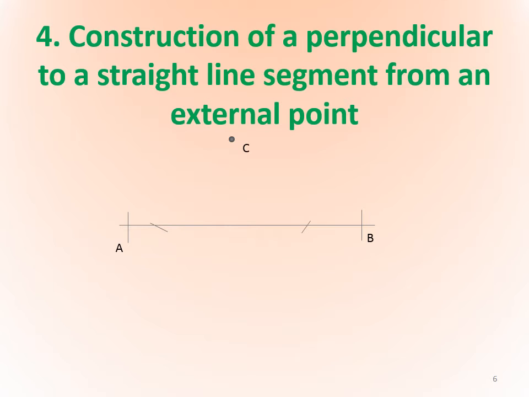Name the 2 points of intersection as D and E. Taking the same radius, draw two intersecting arcs taking D and E as the centers on the side of AB opposite to that on which C lies. Name the point of intersection of the two arcs as P. Join C and P. Name the point of intersection of CP and AB as Q.